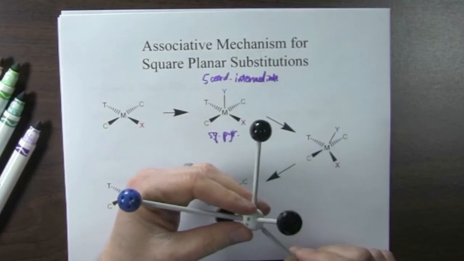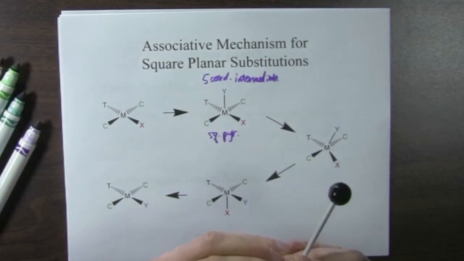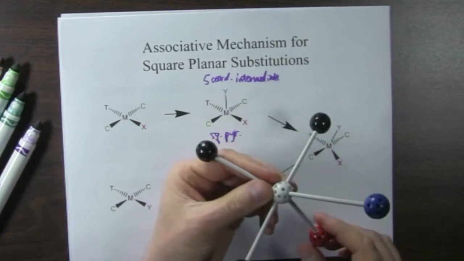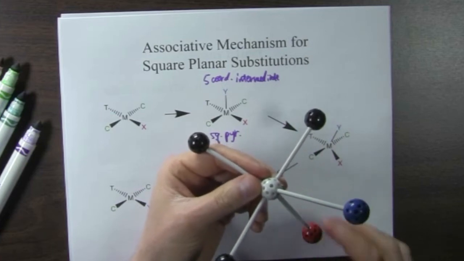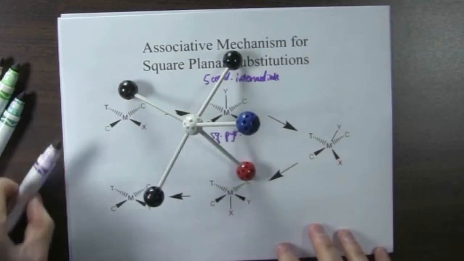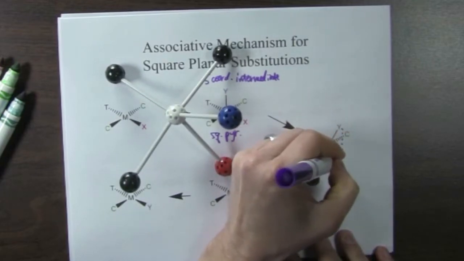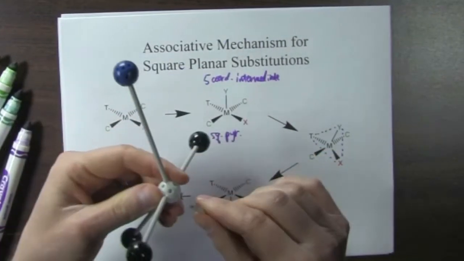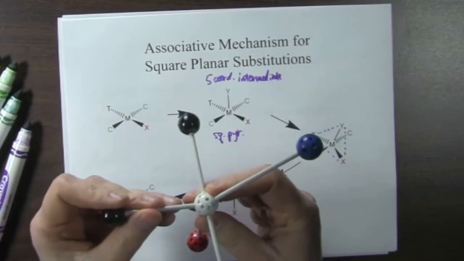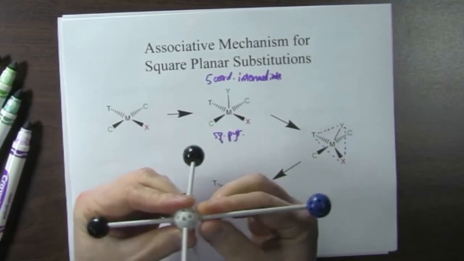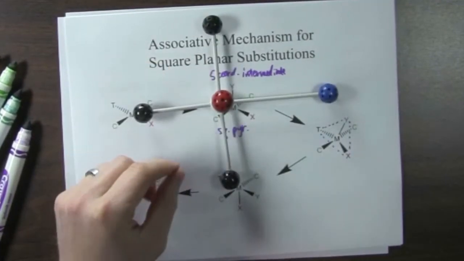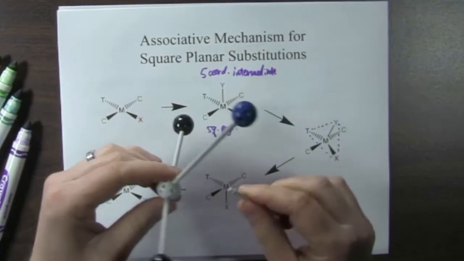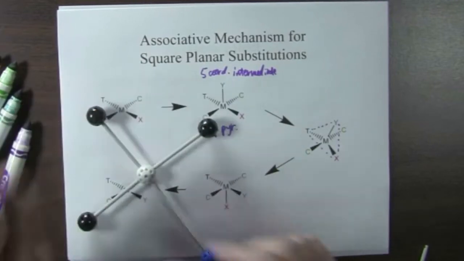So you can see that here, where our entering group starts to slide down, our leaving group starts to slide out of the square plane, until we are left with a new square pyramid rather, where our leaving group is now in the axial position, where it will dissociate to form our new product.